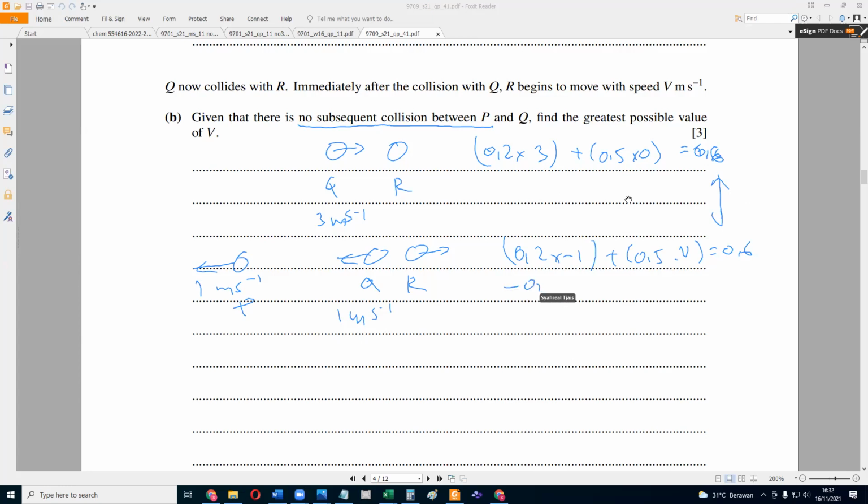Negative 0.2 plus 0.5 V is 0.6. So 0.5 V is 0.8 and V is 1.6. Up until this, any question?